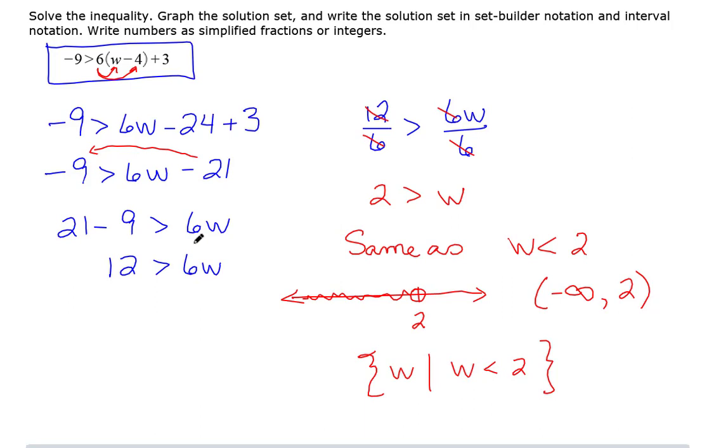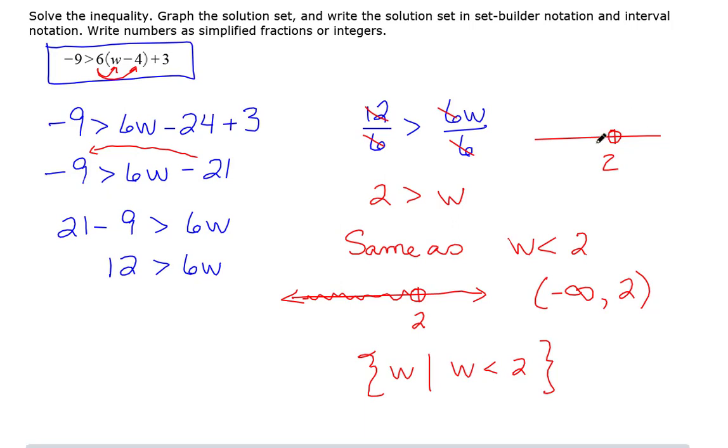And so I divide both sides by 6. No problem. Doesn't flip anything, and we're done with that. Now, you can leave it like that, but I've heard some students tell me before, here's 2. Yes, it's an open dot, and since this is pointing to the right, you're going to shade to the right.